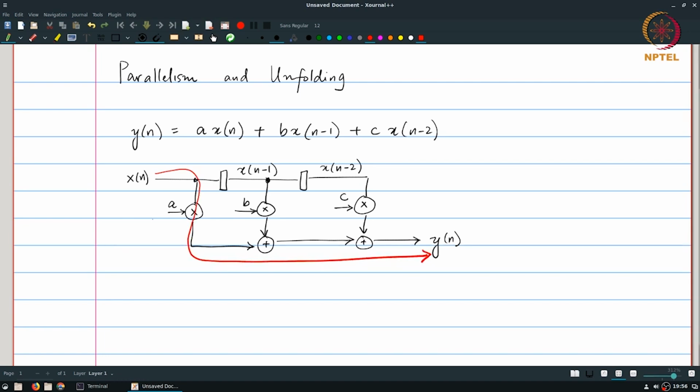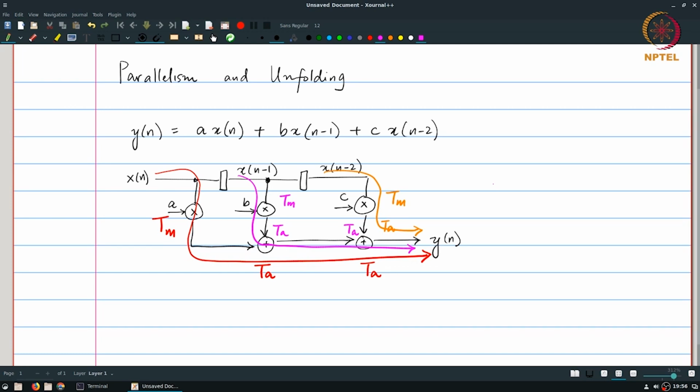It has one multiplier delay and two adders as part of the critical path. An equivalent path, of course, is this one. But the third path, which is this, is actually a bit shorter. This is only Tm plus Ta, whereas the other one is Tm plus 2 times Ta, right?